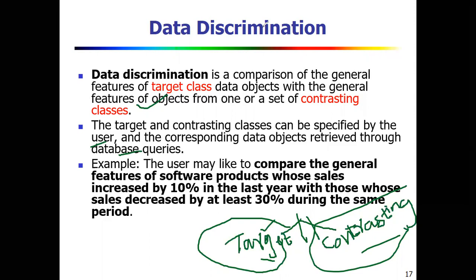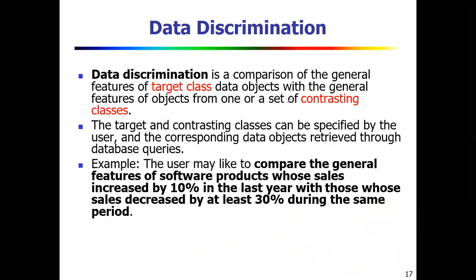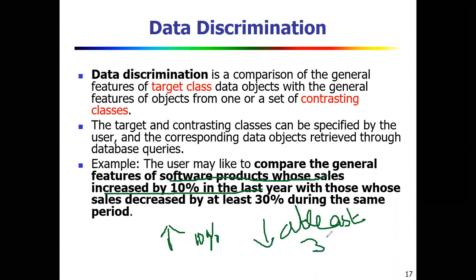Consider one example for data discrimination. The user may like to compare the general features of software products whose sales increased by 10% in the last year with those whose sales decreased by at least 30% during the same period.